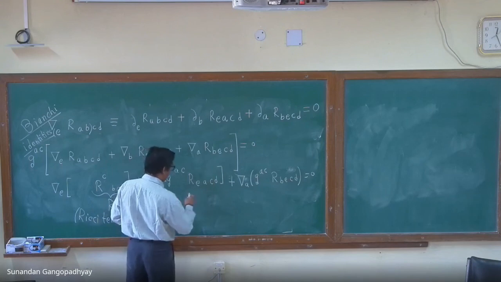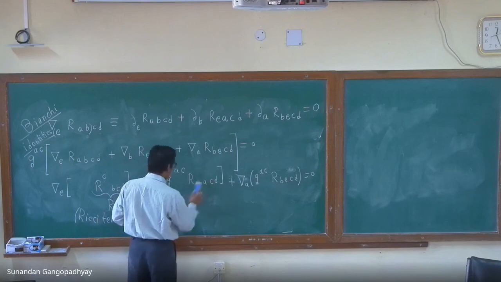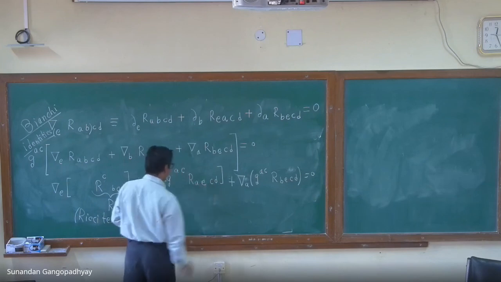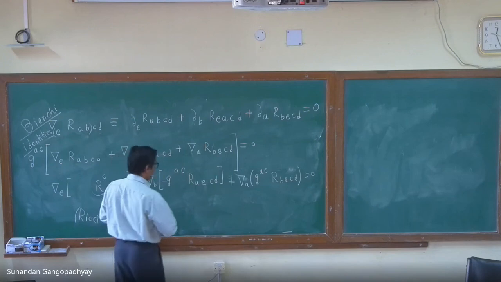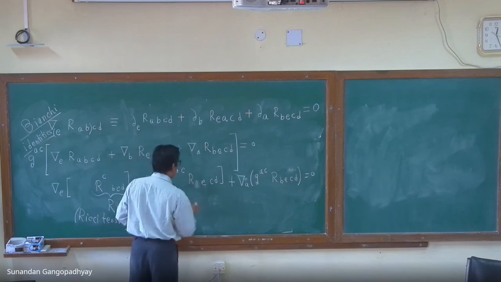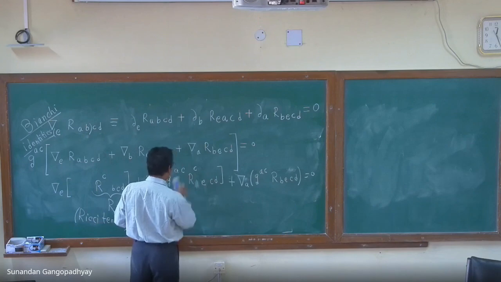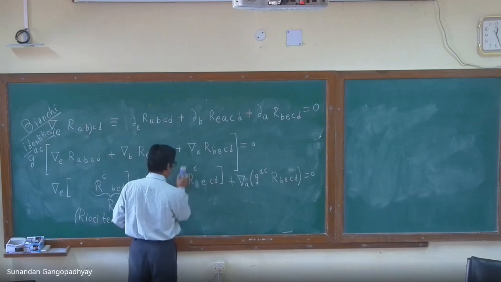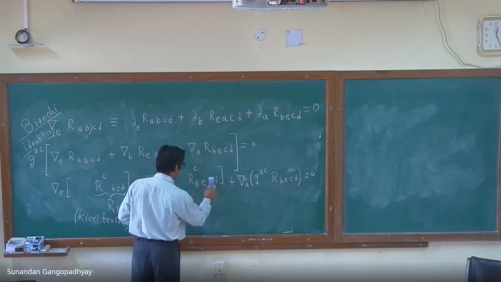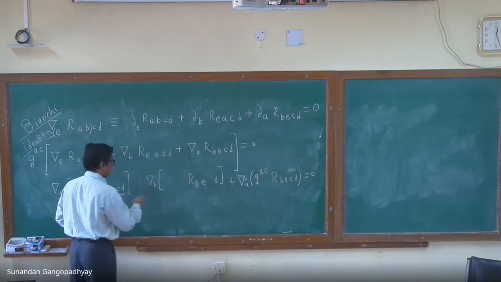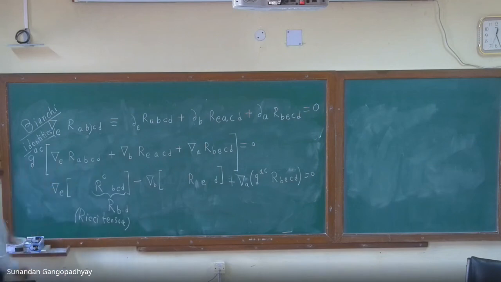It will be R_AECD. Let me use the property first. Is this correct? So this is this term.